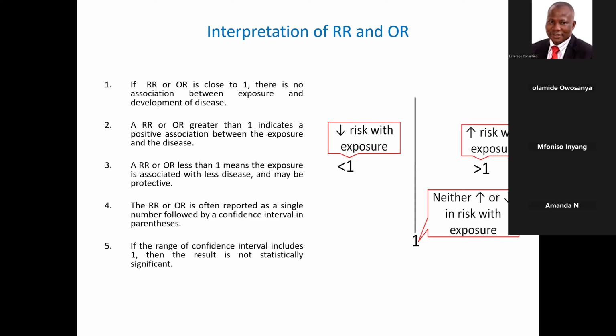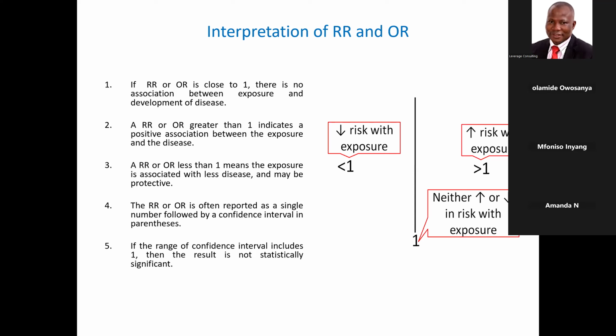So the logic for the mean is subtraction. But for relative measures, it is division, not subtraction. If the two means are the same and you subtract, it gives you 0. That's why if the confidence interval includes 0, it means there's no significance.